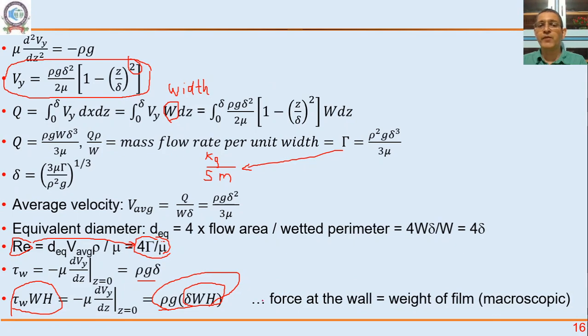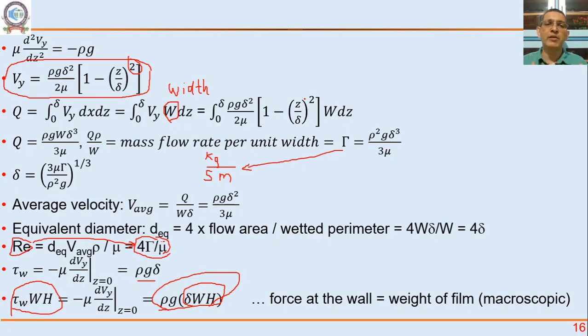All these results are very, very important. You are going to use them in your heat transfer course. All of them are coming straight from Navier-Stokes equation, straight from microscopic force balance. That's the advantage. The macroscopic quantities like force, stress, friction factor, Reynolds number, flow rate, average velocity.